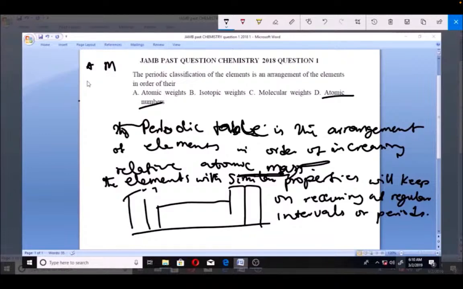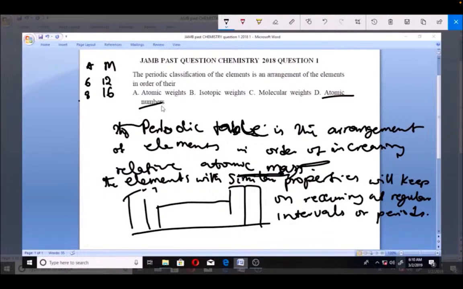So you find out that something that has the atomic number of 6 will have the mass number or atomic mass of 12. One that has 8 will have 16. So you have this type of increment. So actually the periodic table is arrangement due to the atomic numbers, or you call it atomic masses. So that is the correct option, the D.